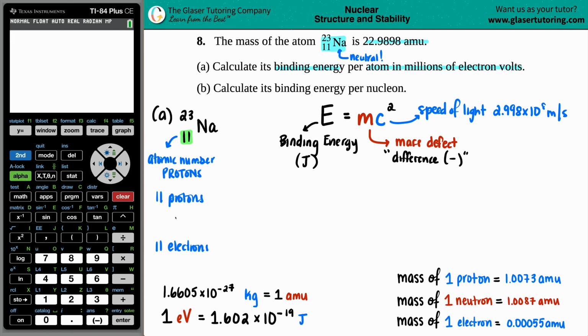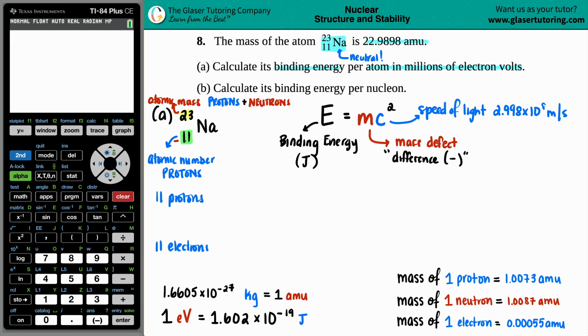So we know the protons and electrons. Now we need the total number of neutrons. The top number is the atomic mass, which is your protons plus your neutrons. So if the 23 has protons and neutrons and the 11 only has the protons, what would I do with these two numbers to get just the neutrons?